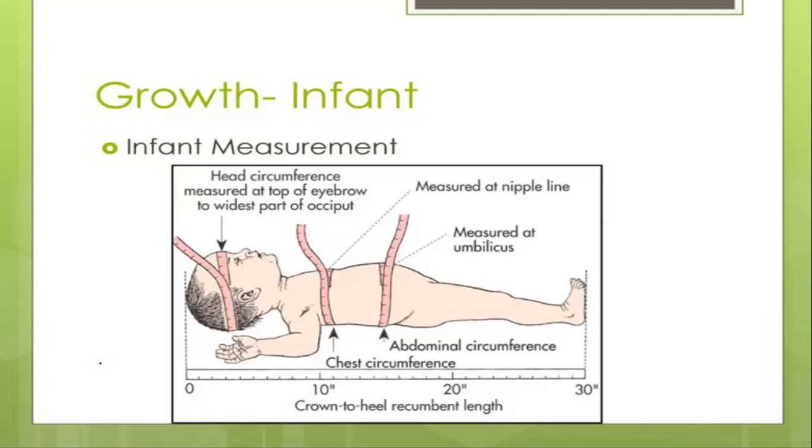The next one would be chest circumference. It is measured taking into account the nipples, right? We already know what nipples are. The next one would be the abdominal circumference, which is measured at the umbilicus. Can anybody tell me what we usually call the umbilicus, not in a medical term?